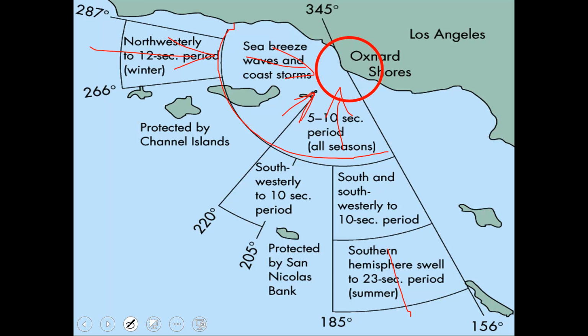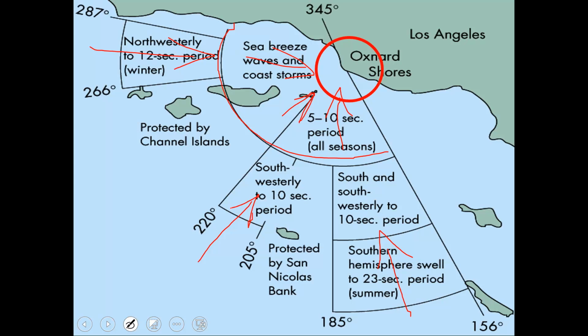And then in the summer, we're getting some very long period waves that are generated from southern hemisphere winter storms propagating all the way across the Pacific. These are very long period waves, 23-second waves coming in from the south. And we also have some waves coming in from the southwest.